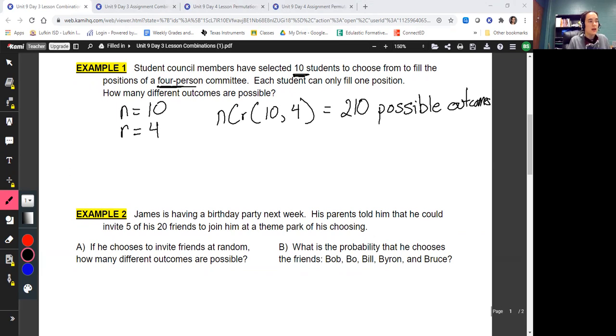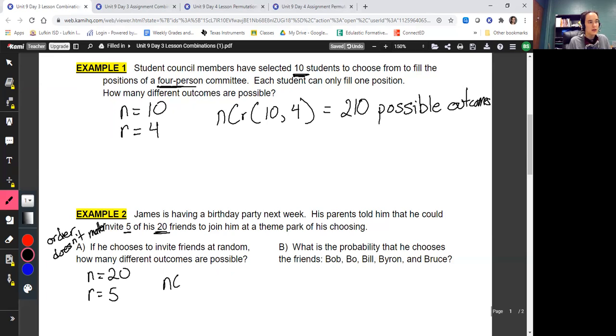So again, we have combination because order doesn't matter. And we have 20 friends to choose from. So we've got a total of 20 and 5 friends that we can choose. So an R of 5.